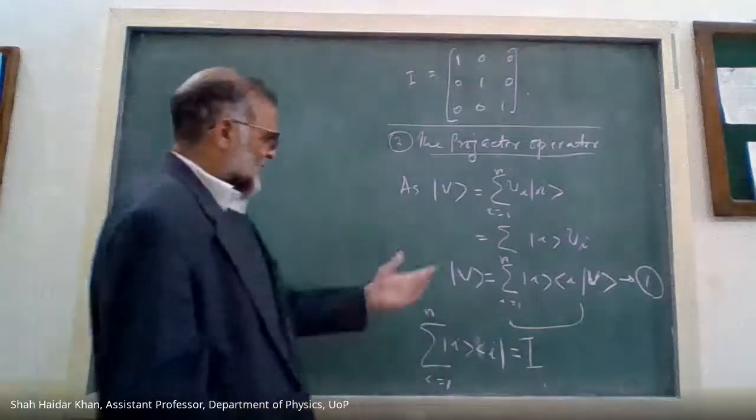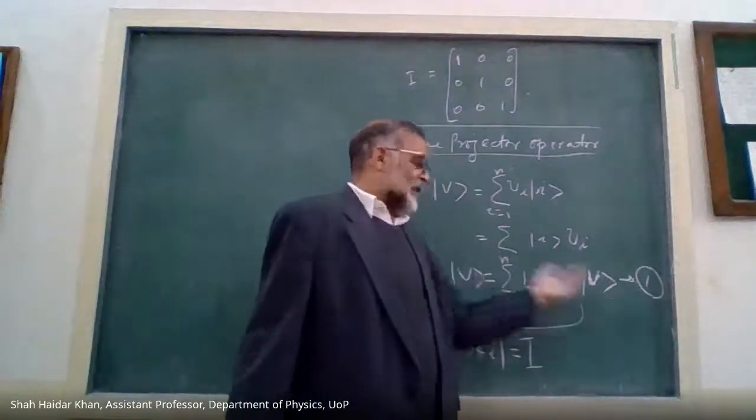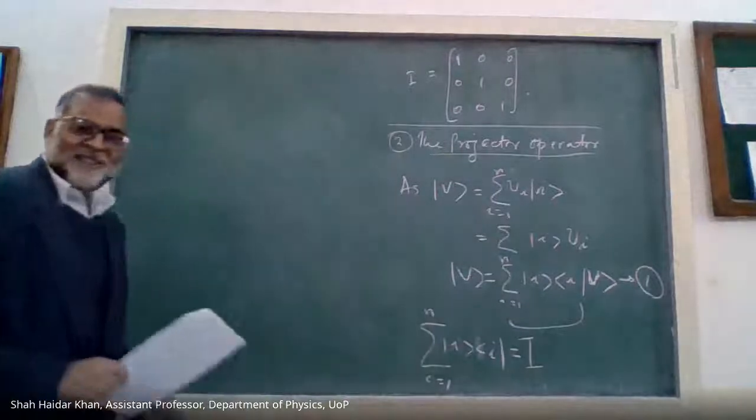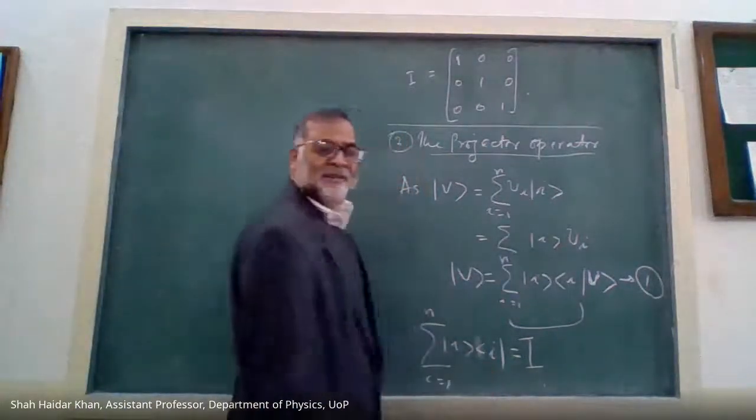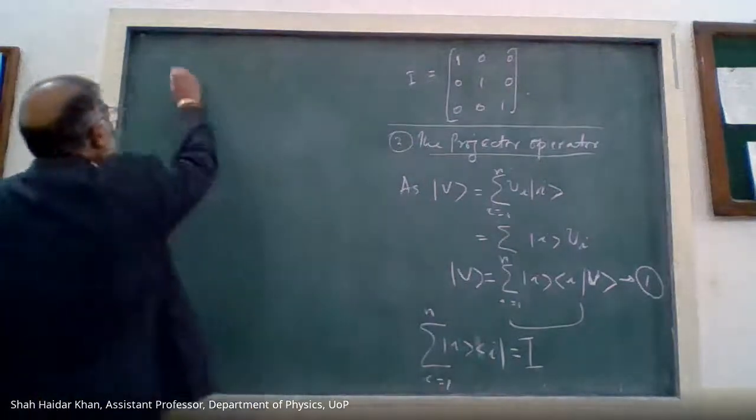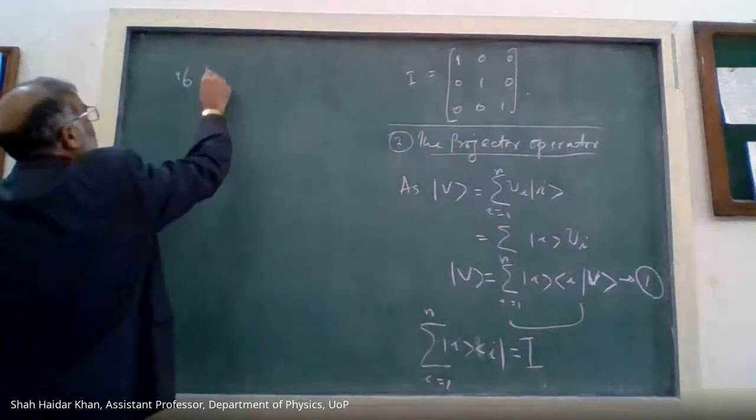It's like the identity operator acting on the ket and giving you the same ket. Or if we call |i><i| the projector operator P_i, we have done this, now we are just repeating it.